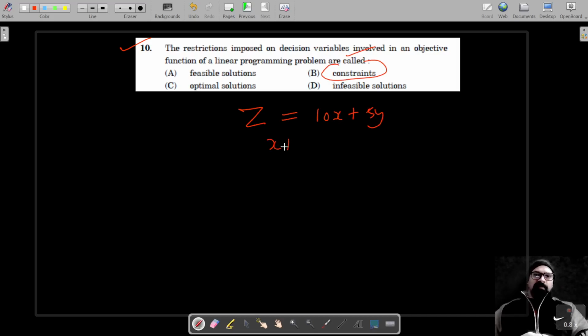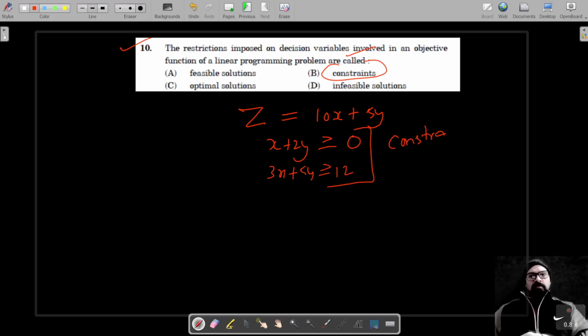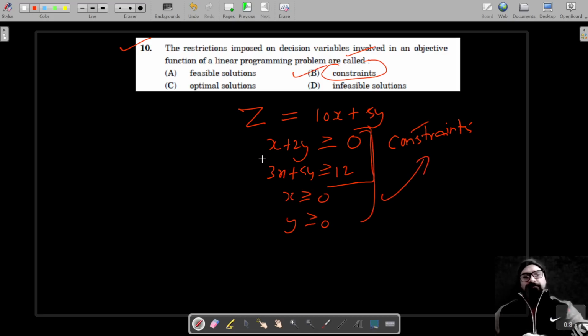And there are the restrictions like x plus 2y is greater than or equal to 0, 3x plus 5y is greater than or equal to 10. So these are the restrictions and are called constraints. And you will find more like x is greater than or equal to 0, y is greater than or equal to 0; all these are restrictions and called constraints.